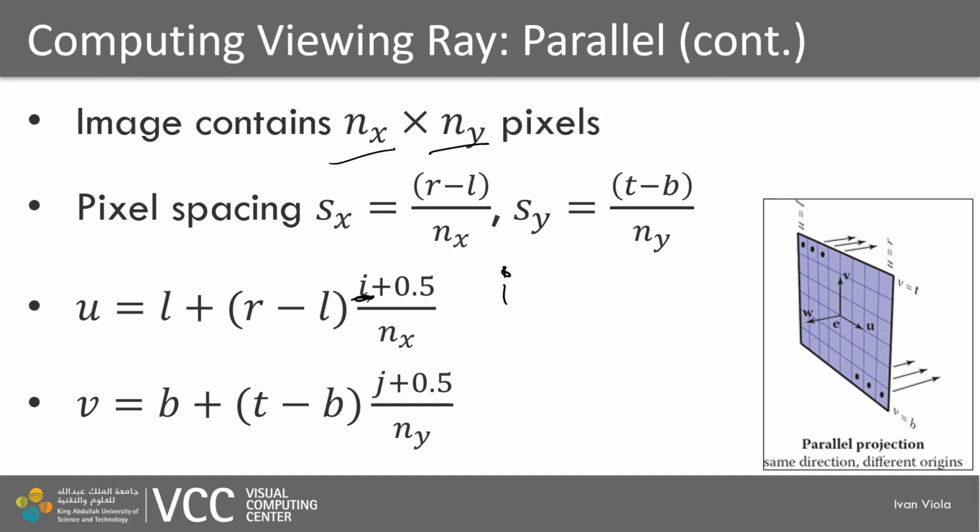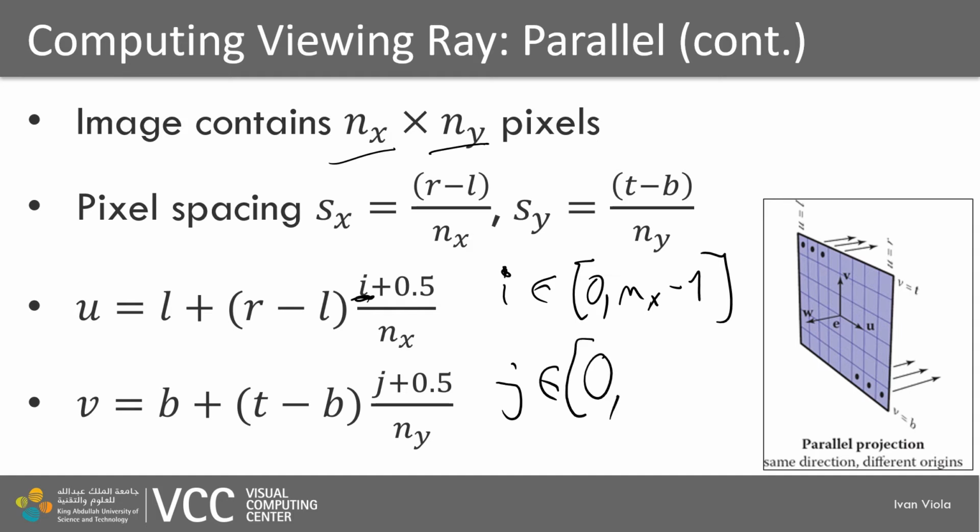So i goes from 0 to nx minus 1, and j goes from 0 to ny minus 1. With these iterators, we address the positions of individual pixel centers in our image.